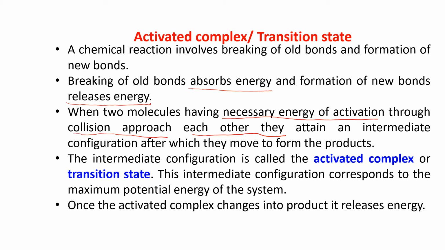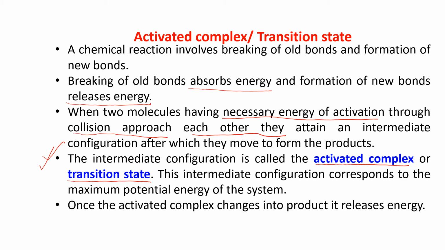This intermediate configuration is called the activated complex or transition state. This intermediate configuration corresponds to the maximum potential energy of the system. After that, it will lead to the product.